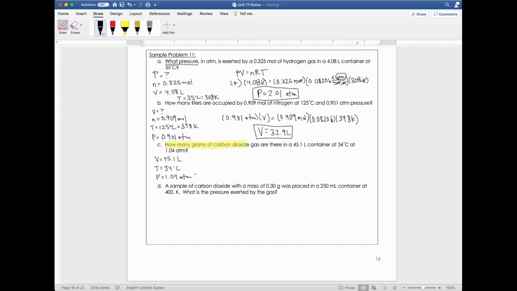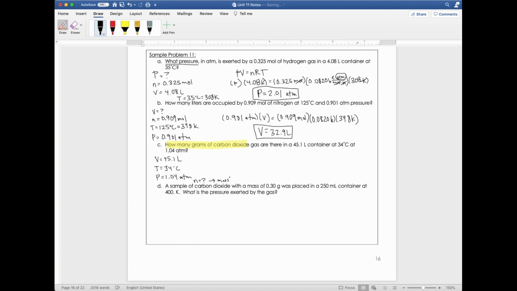Now, of course I have P and V and I don't have the number of moles. That's the only thing that's missing. So in this case, we actually have to solve for the number of moles and then convert your number of moles to the mass in grams using a simple mole relationship like a Chem 1 problem, just using the molar mass.